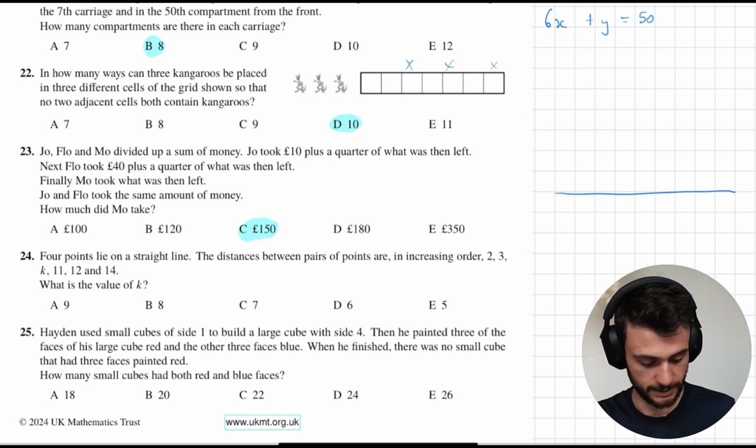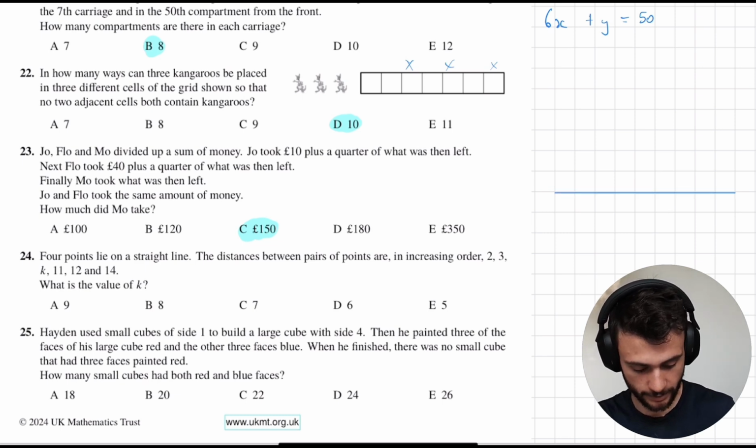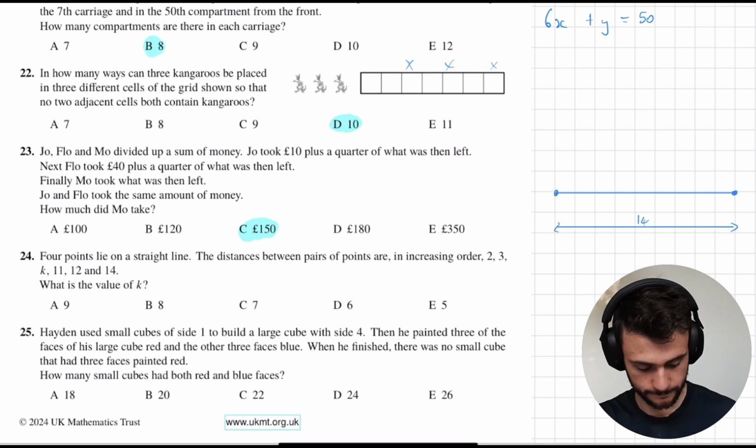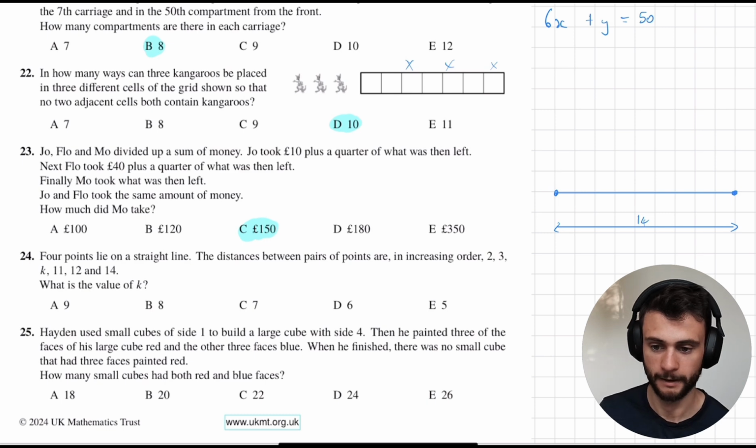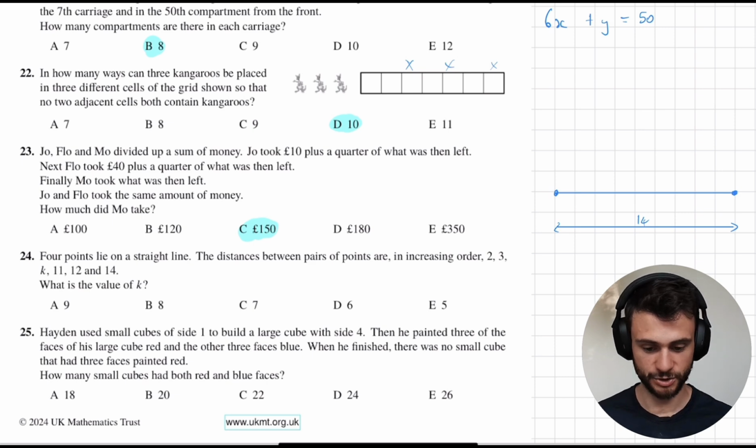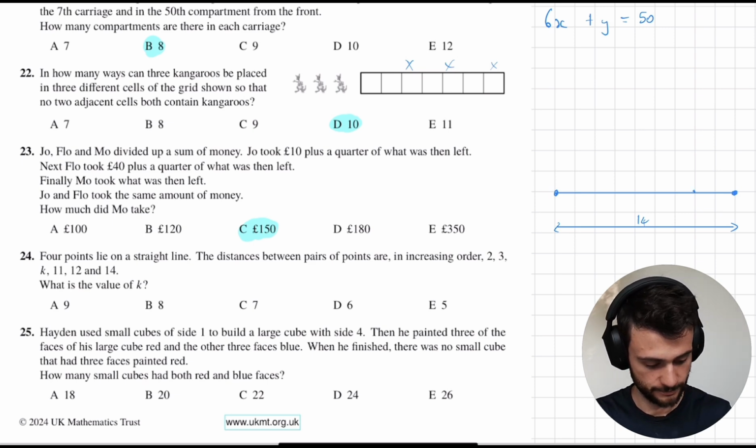So imagine this line. The distance between points that are furthest away is 14. We've got these two other points on the line somewhere along the line. This next value is 12. So let's let that length be 12.